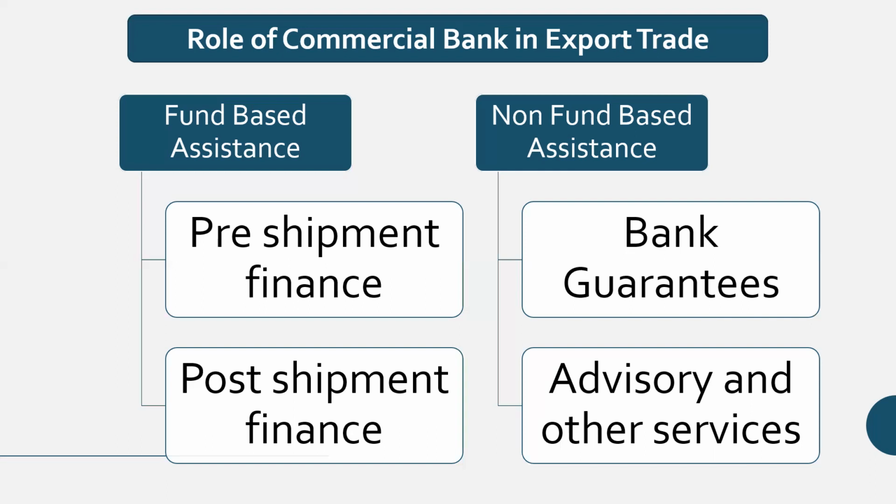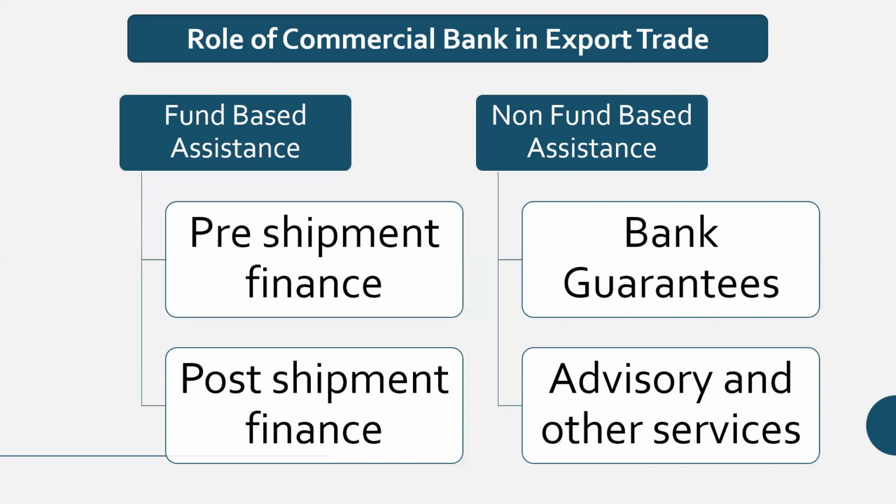Performance guarantee states that the goods or services you offer are good and qualitative in nature. For that also a guarantee can be given by the bank. Further, banks issue a guarantee for payment of retention money by the overseas party, who would release the retention money to the Indian party only after receiving a guarantee from the bank.